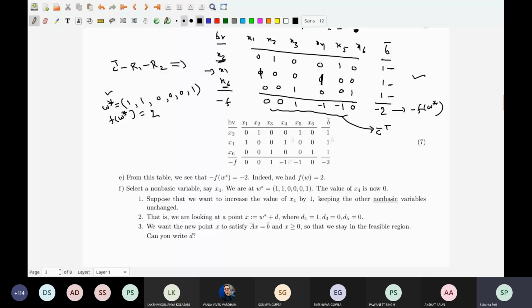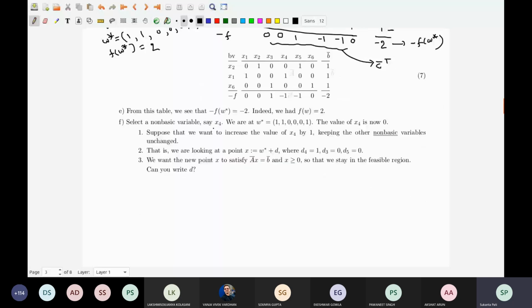So for example, I am looking at this simplex table. Let us select the non-basic variable x4. Basic is x2, x1, x6. There are three non-basic variables x3, x4, x5. Each of those non-basic variables will give you a direction to move out of the current vertex, the current BFS.